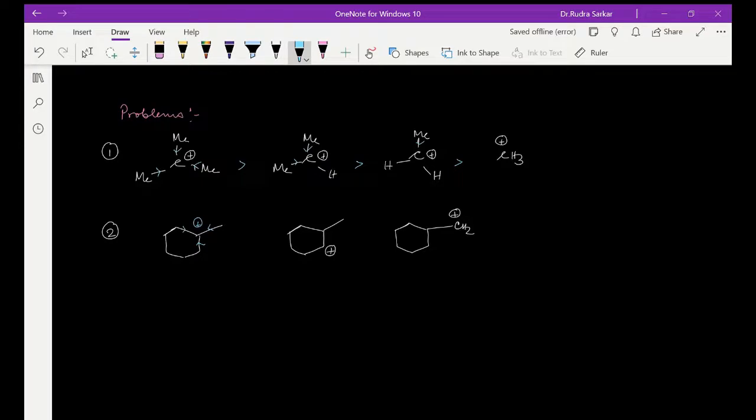When it is over here, there are only 2 plus I groups stabilizing it, that is alkyl groups. And over here, for this particular carbocation, that is the third, there is only 1 plus I group acting over it. So obviously the stability will be 1 greater than 2 greater than 3.